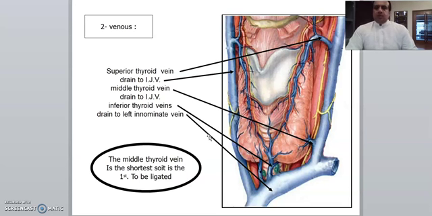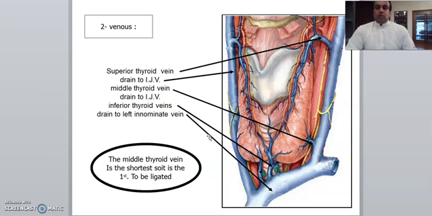And also, I want to tell you that whatsoever you want to tie, you should be very near to the thyroid gland instead of being away from it. Because if you stay near to the thyroid gland, there are less likely chances of ligating a nerve or any other important vascular structure which you don't need to tie.